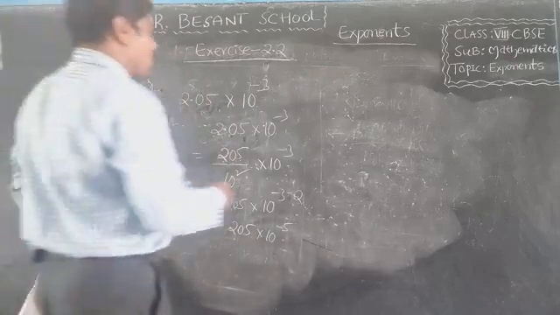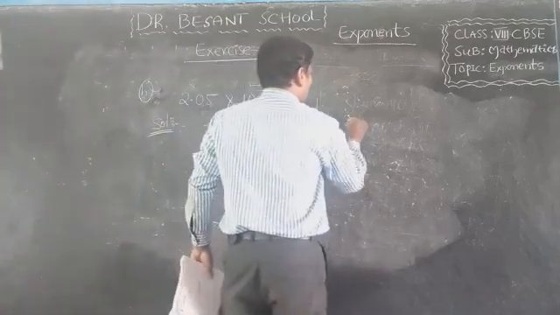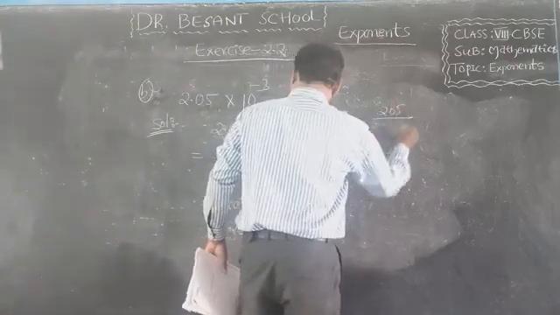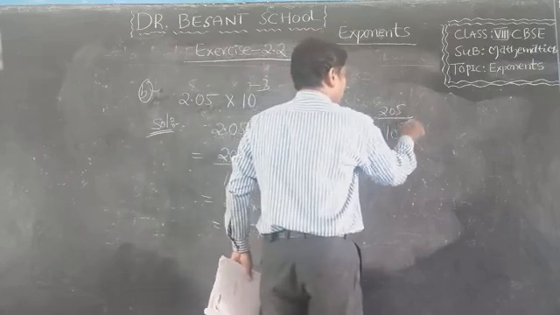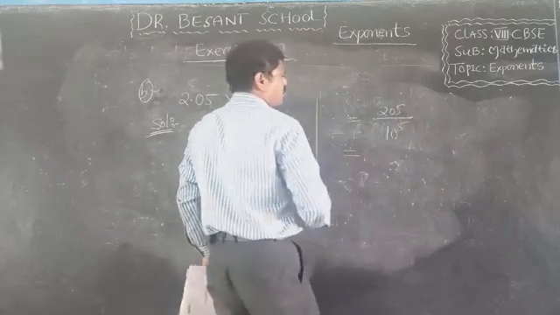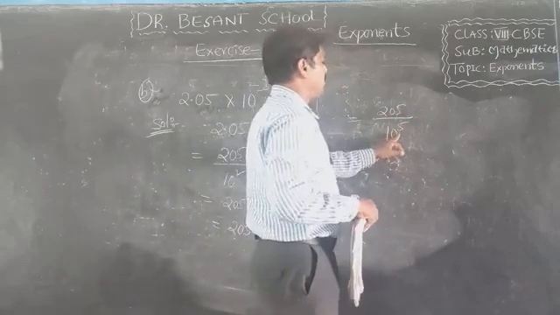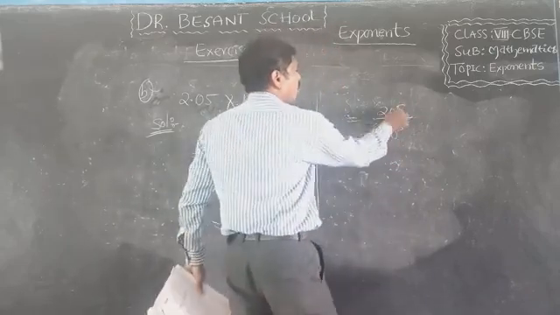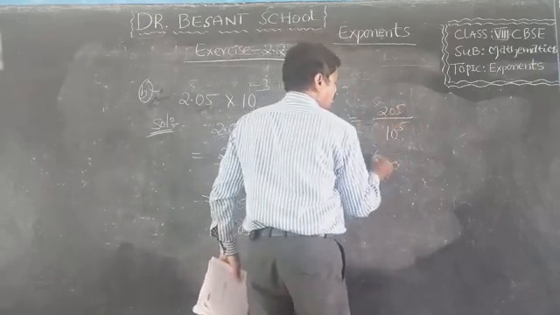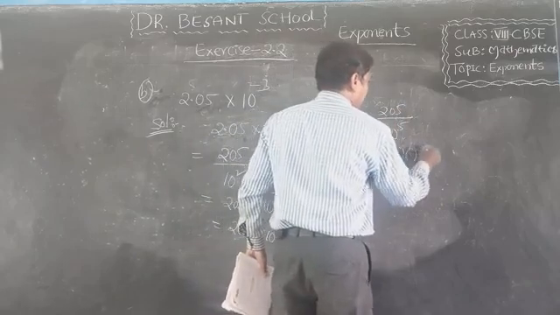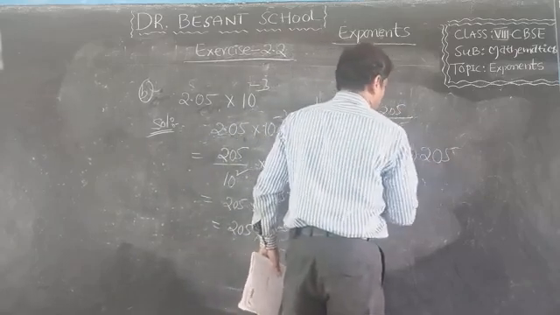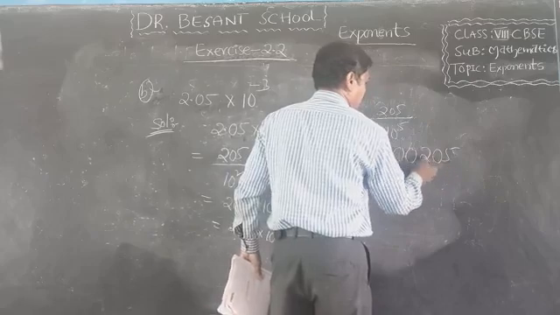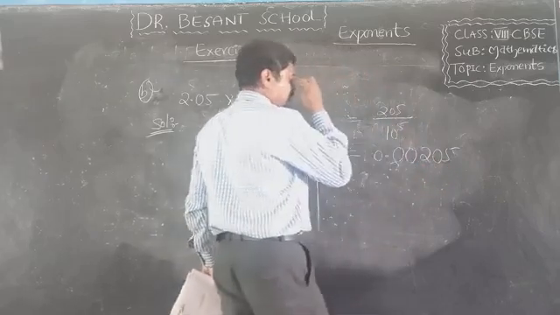So that is equal to 205 by 10 power 5. 10 power 5 means 5 digits: 1, 2, 3, 4, 5.